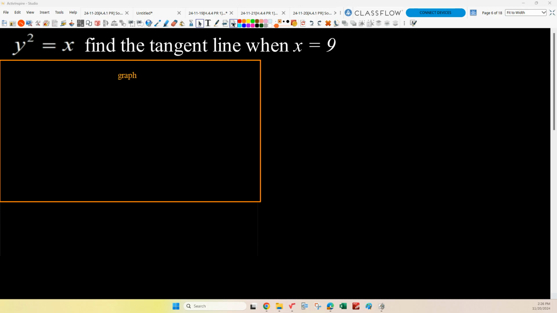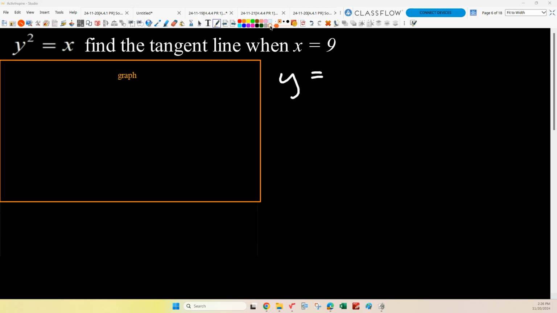Okay, what about this one? Find the tangent line when x equals 9. What are we going to do? Yeah, we could isolate y. That's one thing you could do. So if I solve for y, what's that going to give me? y equals the square root of x?